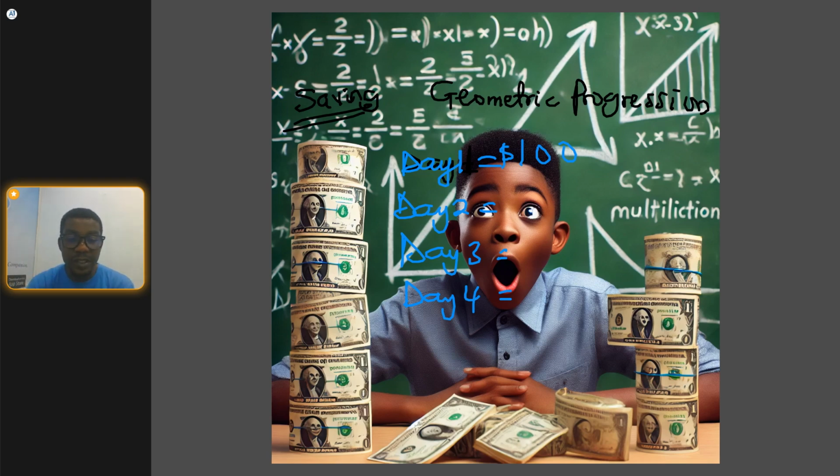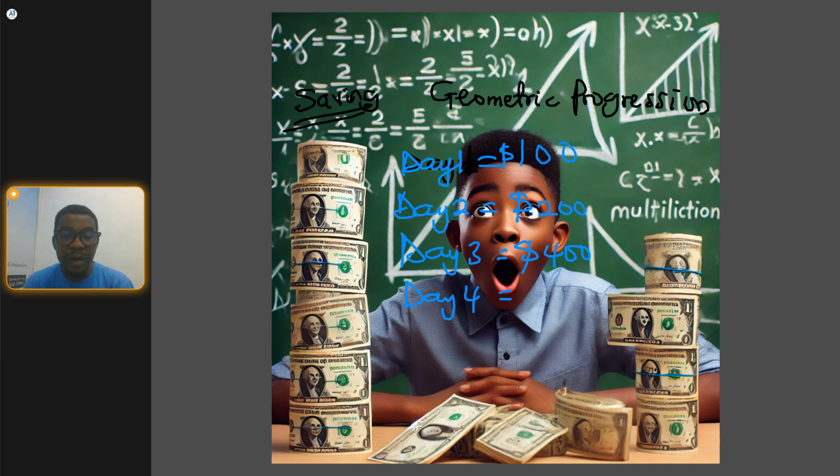So he saved 100 US dollars on the first day. On the second day, he decided to double it, so he saved 200 US dollars. On day three, he doubles again, so now he's going to have 400 US dollars.